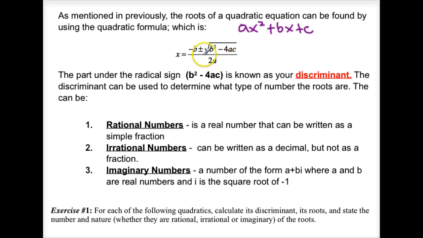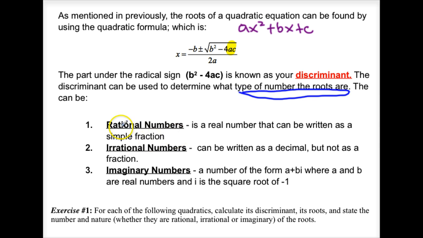Now, the part that's under the radical, if I highlight just what's under the radical, that is known as your discriminant. So the discriminant can be used to determine what type of number the roots are.